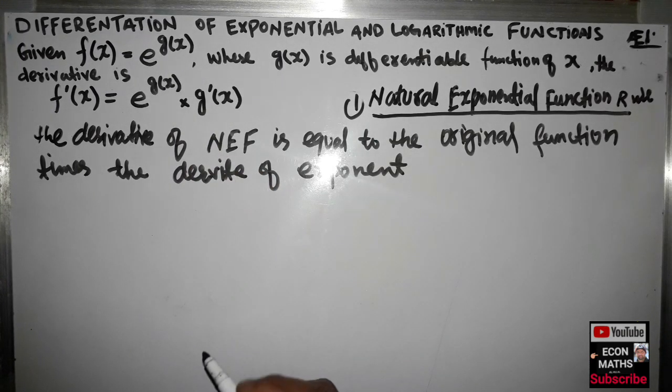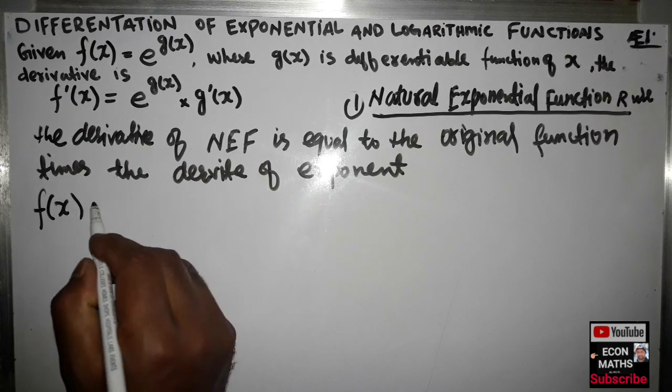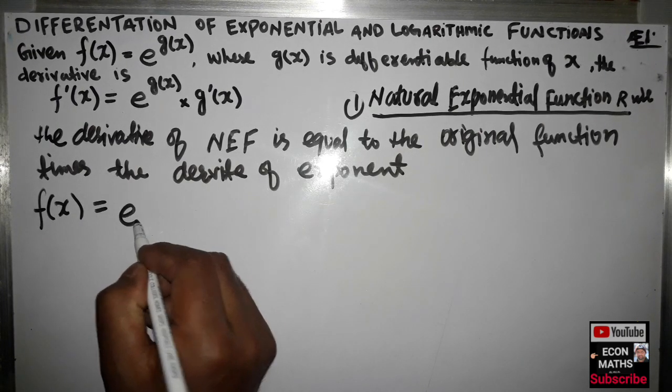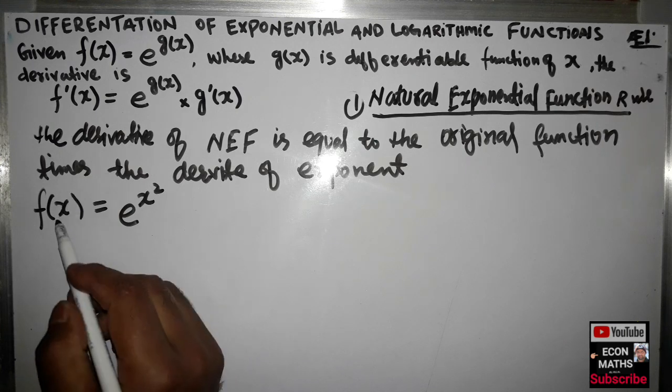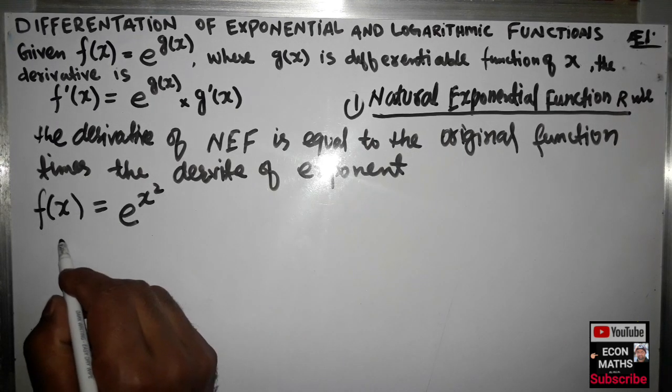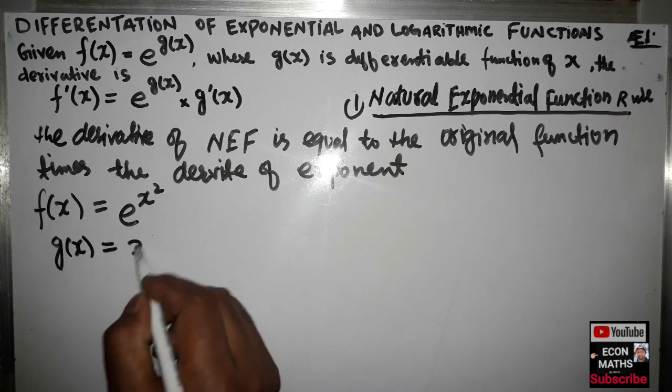Now we will see an example. Let us say we have f of x is equal to e to the power x square. Now we have to differentiate this exponential function. For that, let g of x be equal to x square.